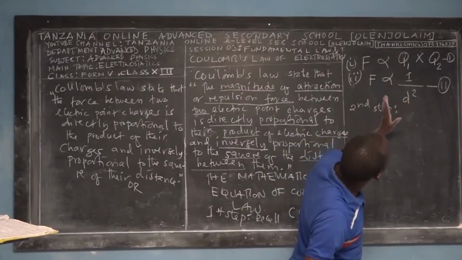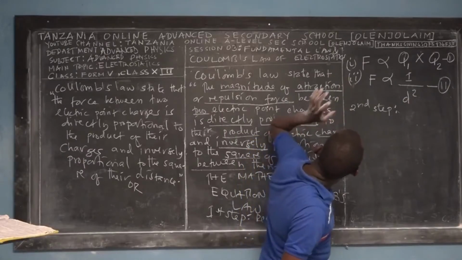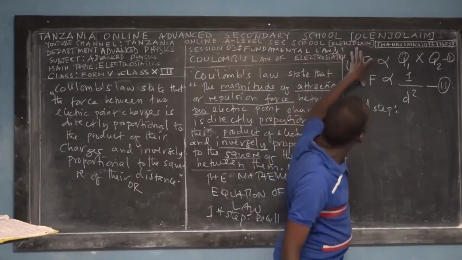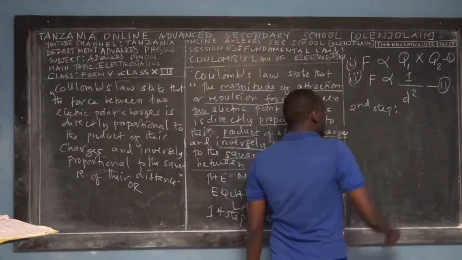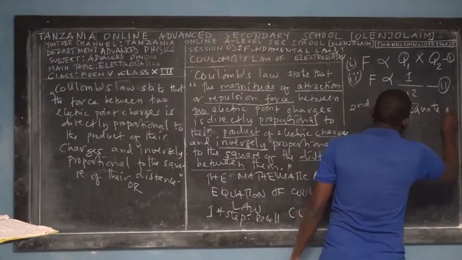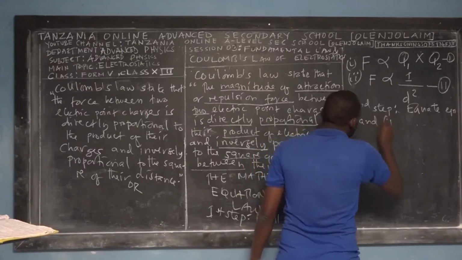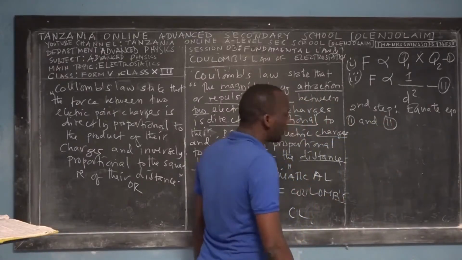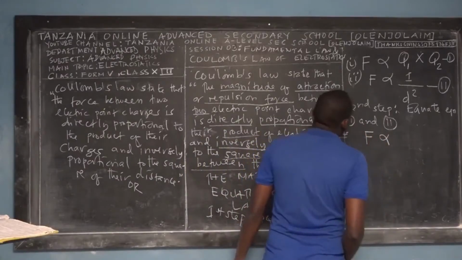The physical quantity on the left side is the same, so in physics and mathematics we equate equation 1 and 2. If we equate, we say the force is proportional.